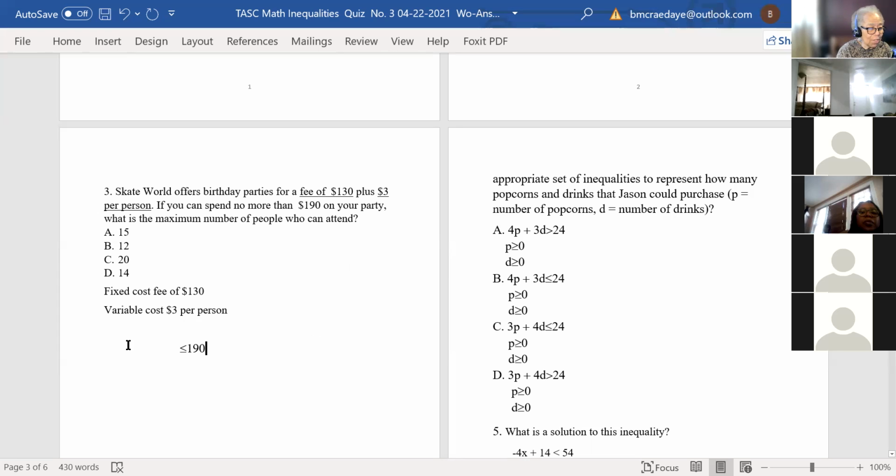That's right, 130, and what else? Let me put the plus. So what's the variable? Variable cost. It's right here. $3 a person.